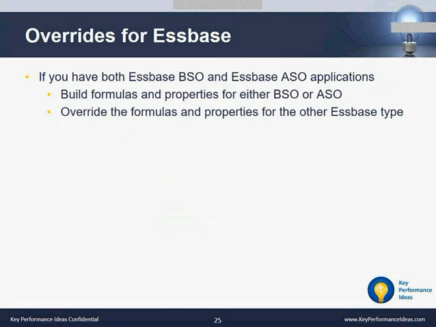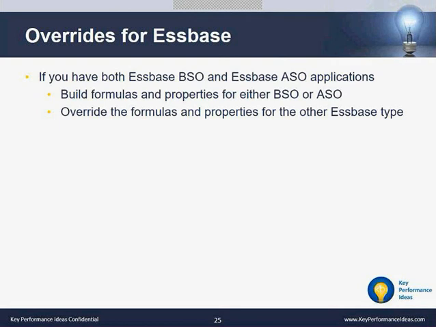If you have both Essbase BSO and Essbase ASO applications, you need to build your formulas and properties for either BSO or ASO, and then override those formulas and properties for the other Essbase type. You can do that in the local library for the application where you need to do overrides.